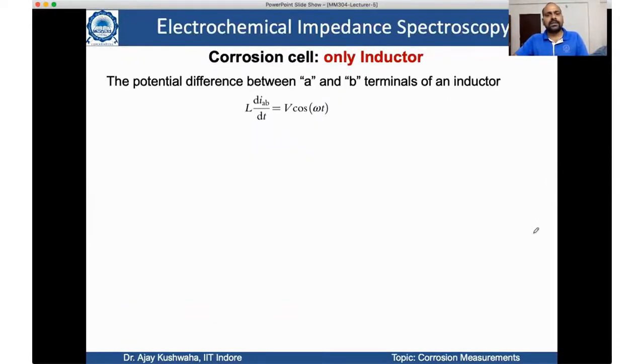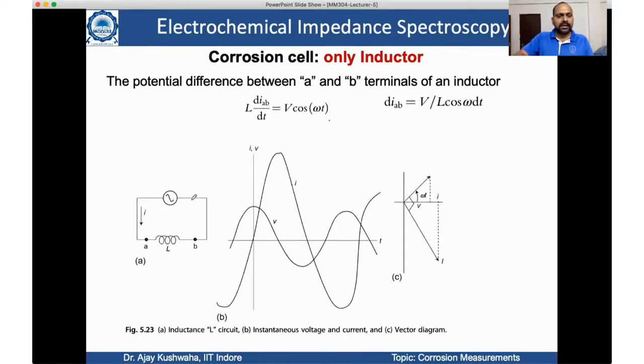Now the third case, when we have only an inductor between the terminals A and B. The inductor formula is well known. The change in the current with respect to time multiplied by the inductance is equivalent to the voltage. The circuit can be like this, and in this case current is behind the voltage.